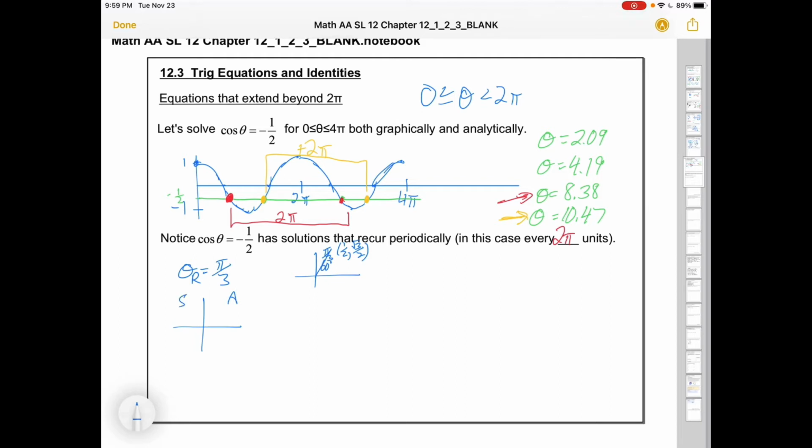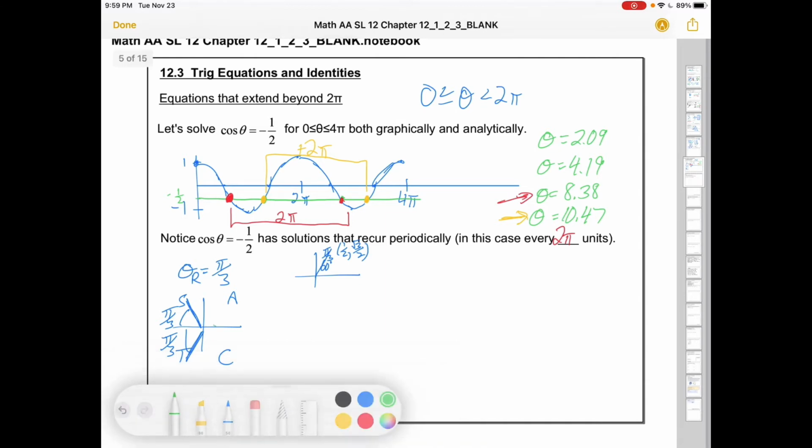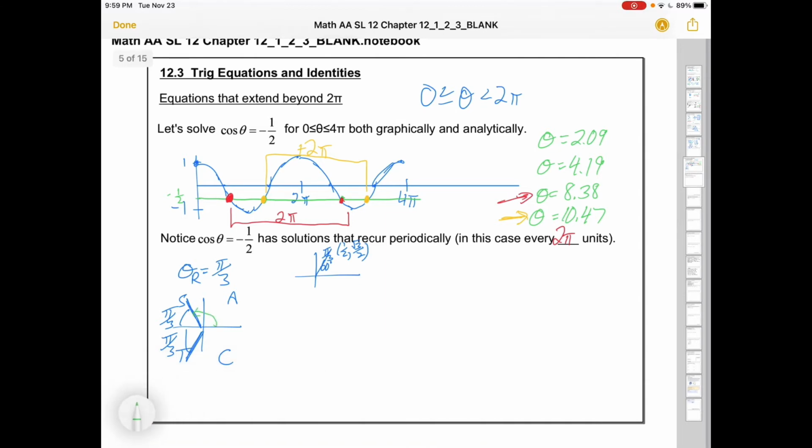What quadrants might we be in? Well, cosine is going to be positive in quadrants 1 and 4. It's negative back here and here. Okay. That's going to give us two fairly straightforward solutions. We're going to have this first one that looks like this. Now that would be pi, but take away pi over 3.